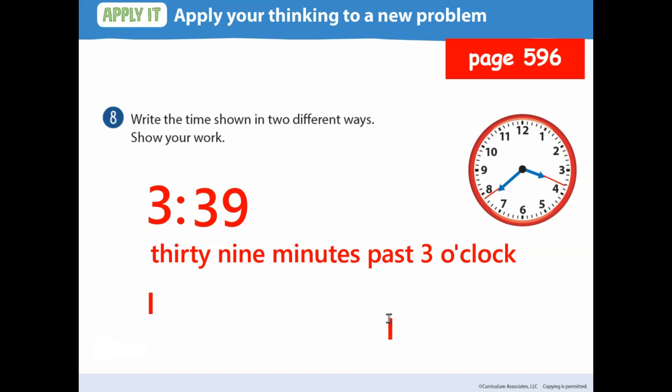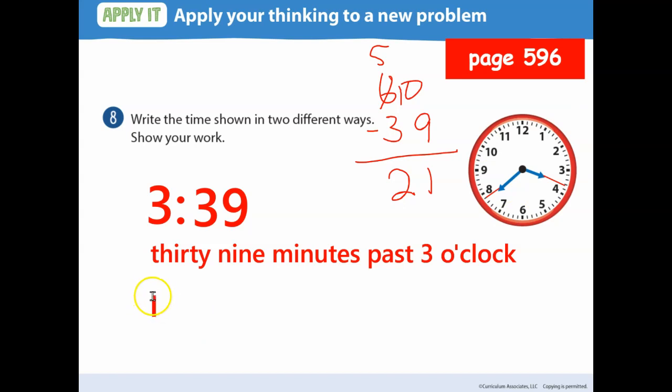How many minutes are in an hour? 60. 60 minus 39. 0 minus 9 can't do that. Borrow from the 6, that makes it a 5. The 1 I borrow goes next door. Instead of 0, I get 10. 10 minus 9 is 1. 5 minus 3 is 2. So how many minutes before 4 o'clock? 21.